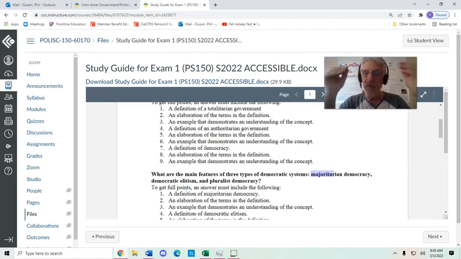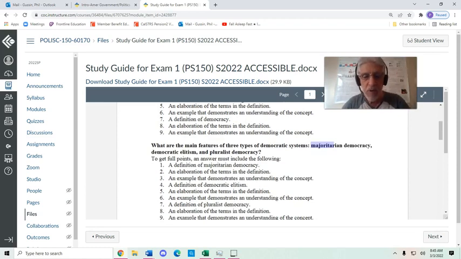One, if Canvas randomly selects a question and you've already written out a great answer, all you need to do when the exam comes around, let's say you wrote out a great definition for the majoritarian democracy, democratic elitism, pluralist democracy question, and Canvas randomly selects that question, you go over to your study guide, you copy that answer, you paste it into the exam, and boom, you're done. Now you can move on to the next question.